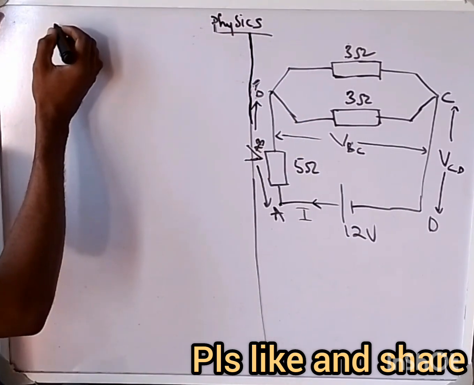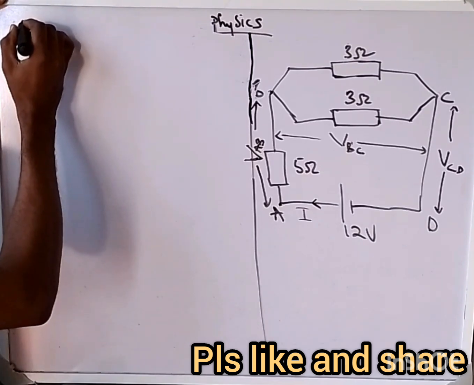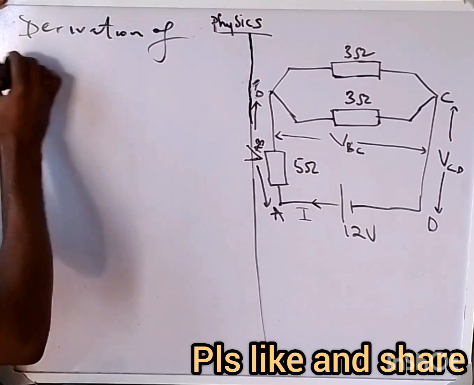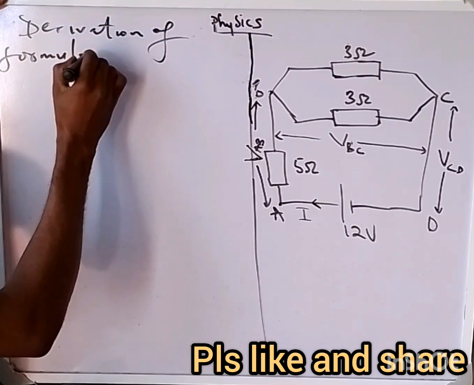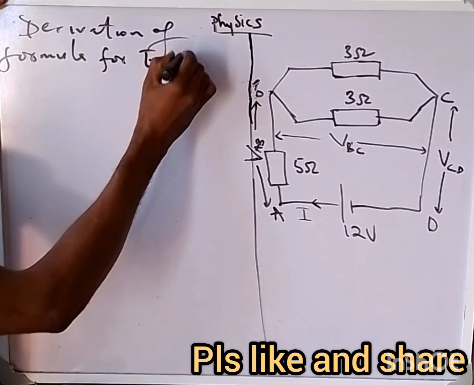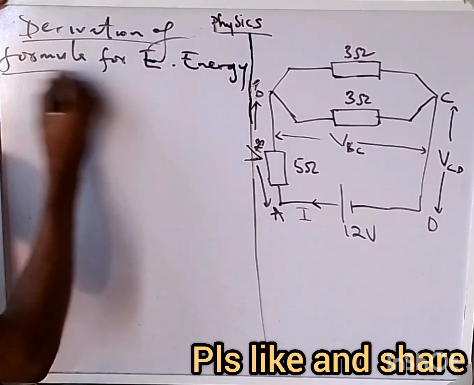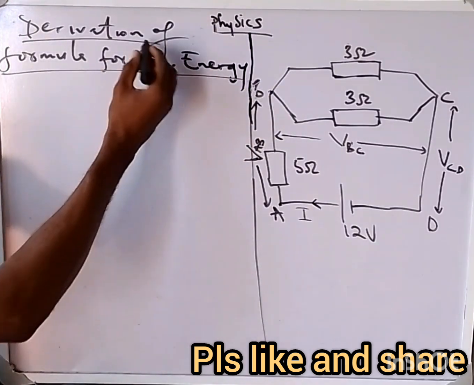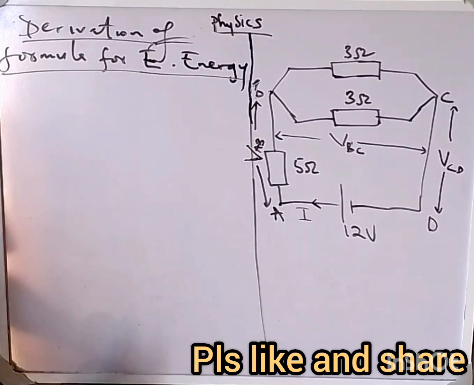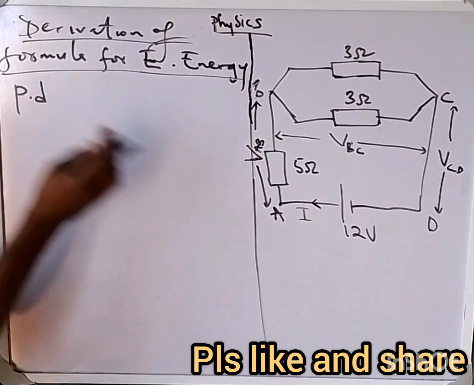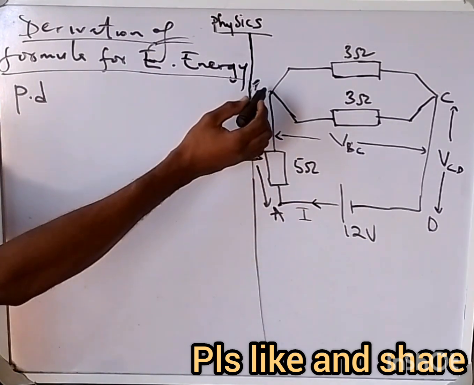So we can say that electrical energy, we are looking at derivation of formula for electric energy. So what we are going to do is, we'll start with the potential difference. For us to derive a formula for electric energy, we are going to start with potential difference, which is PD. And this PD, we said earlier, is the work that is done in moving a charge from A to B.